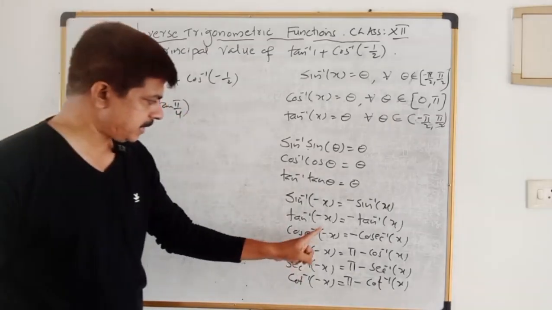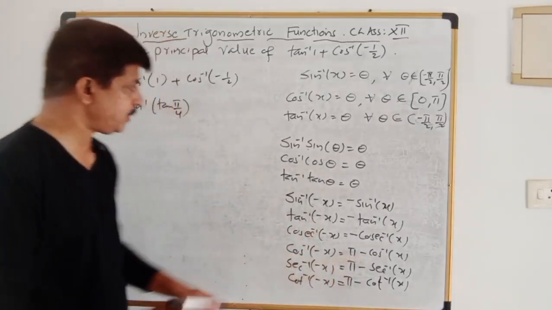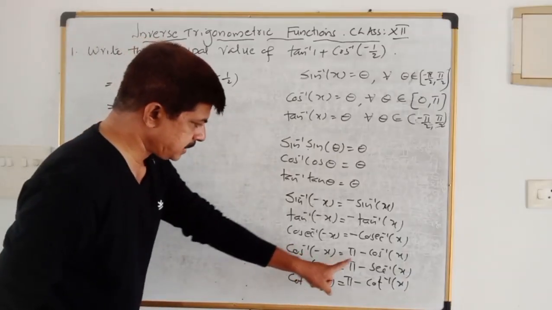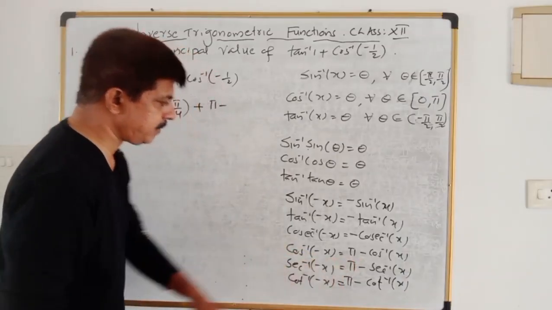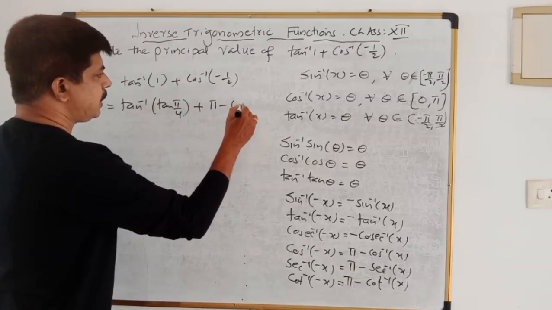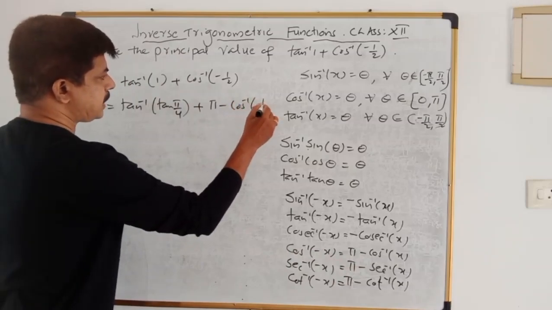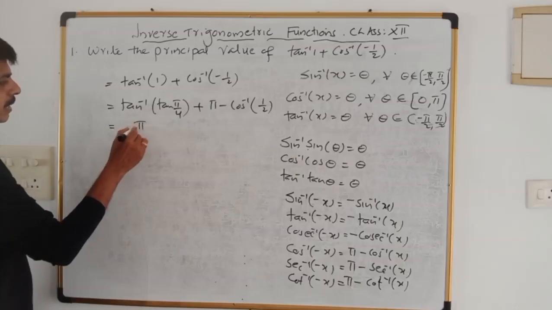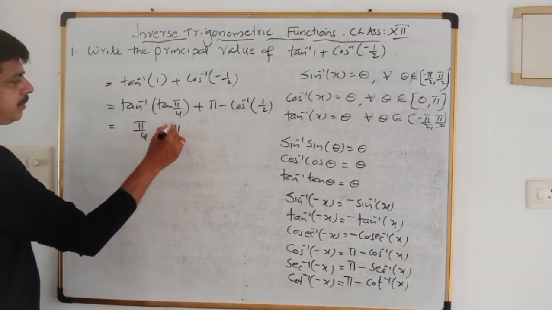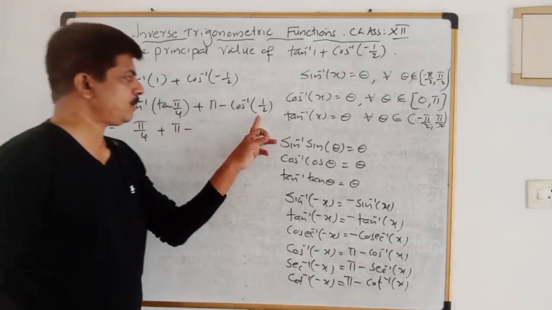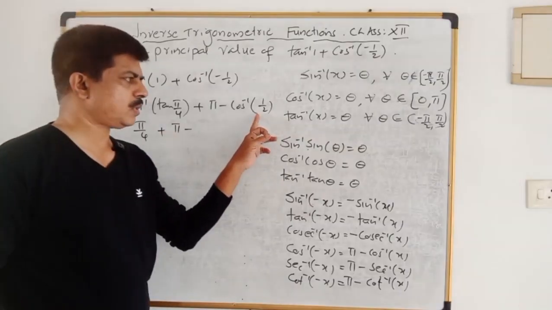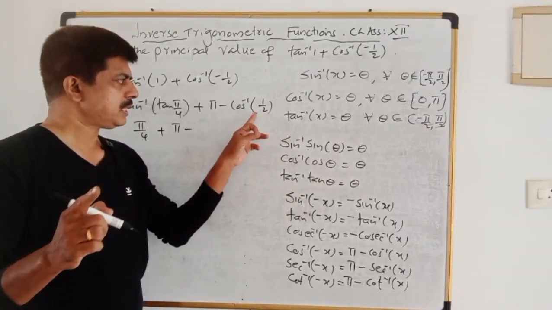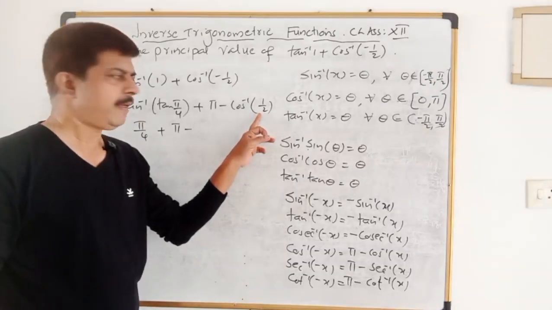Cos inverse negative 1 by 2 will be expressed as pi minus cos inverse positive 1 by 2, applying this substitution. Tan inverse tan pi by 4 is pi by 4. Cos 60 is 1 by 2, so cos inverse 1 by 2 is pi by 3.